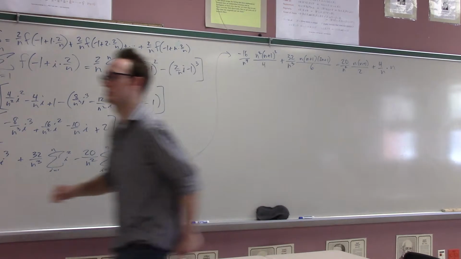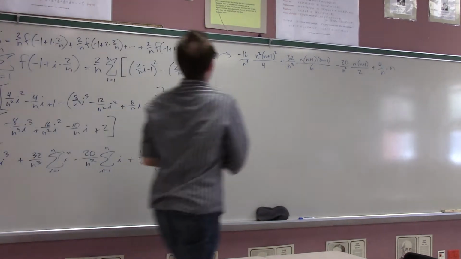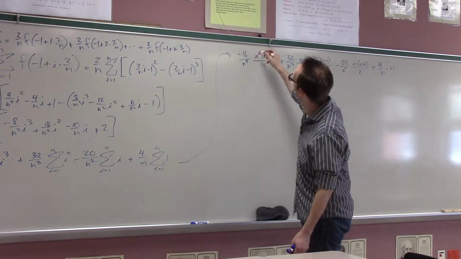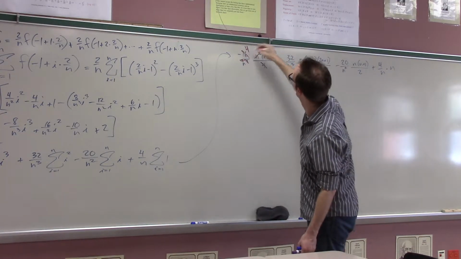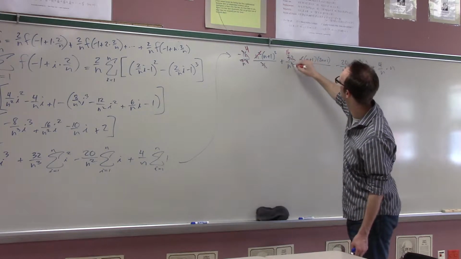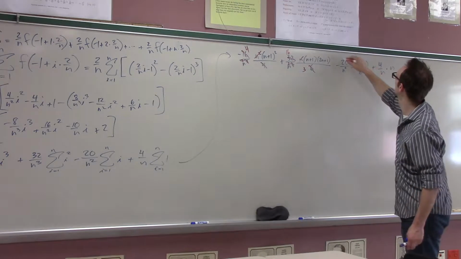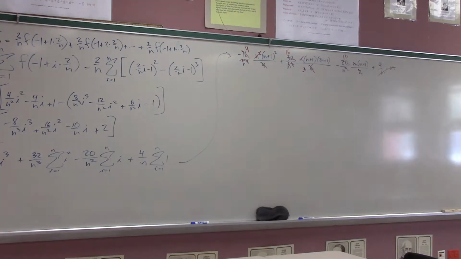And now we just do it. Some cancellation happens, and this becomes a 2, that becomes a 4, that becomes a 16, 10, like that. Alright?